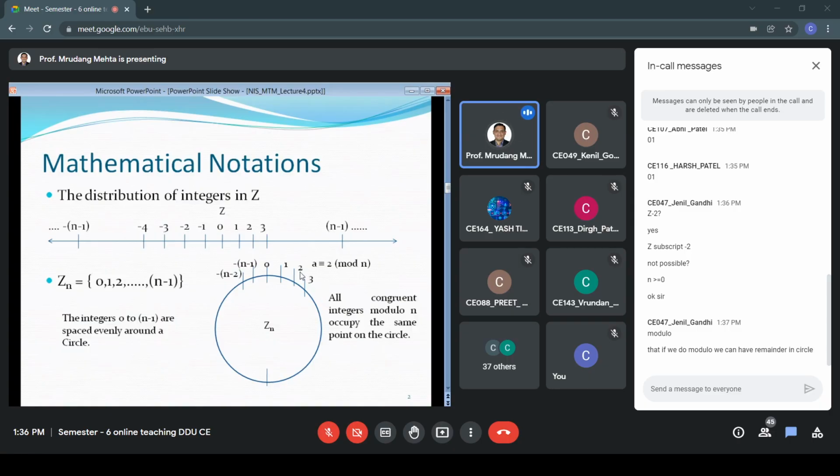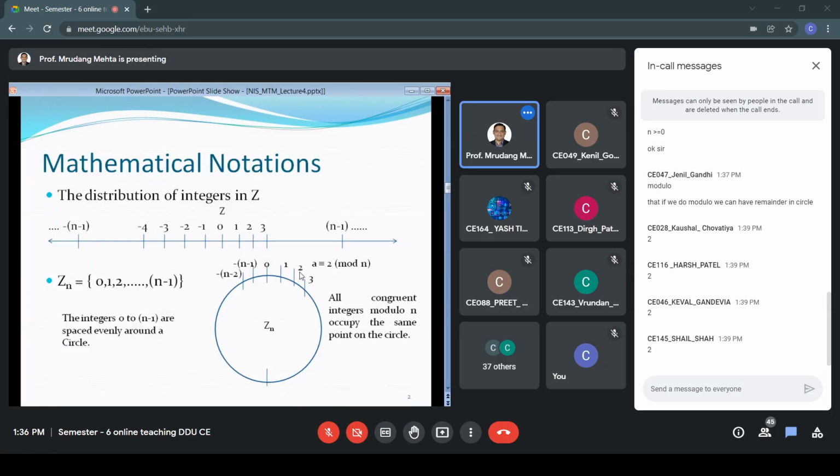So if we do 2 mod 10, what is the modulo? And 12 mod 10? And 22 mod 10?